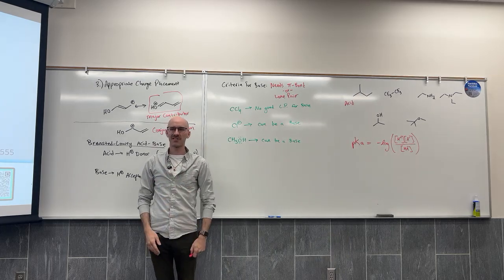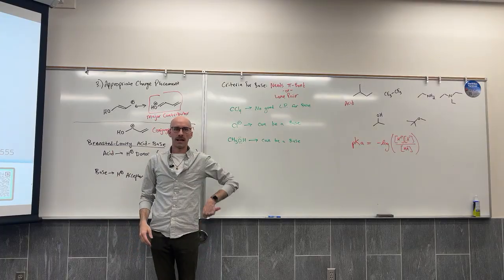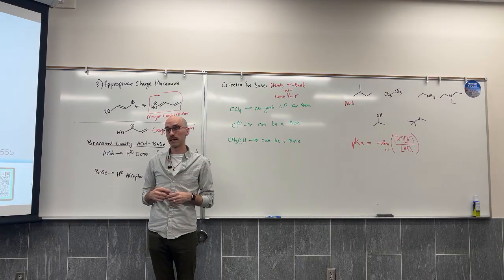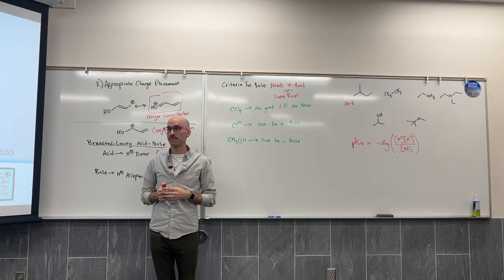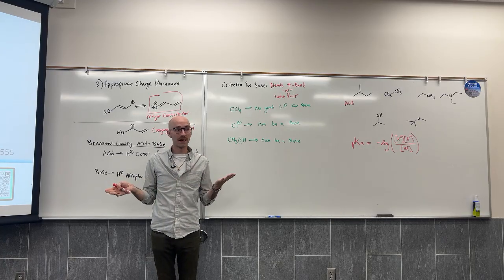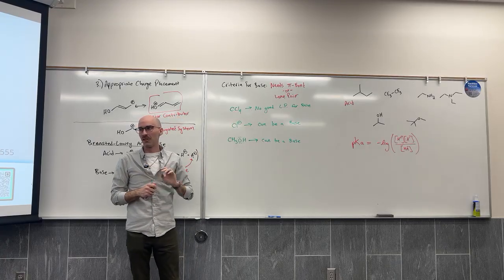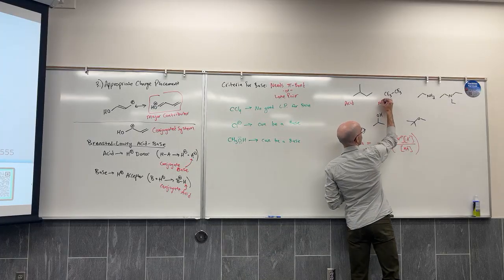No. Did any of the structures I have give you a pi bond? I don't know what I was thinking. We'll look at some others on the next page that do have pi bonds, and we'll see them being bases. CF3 won't be either. It's got lone pairs, but again, it falls into that weird exception where those halogen lone pairs will not be shared. So this is neither.